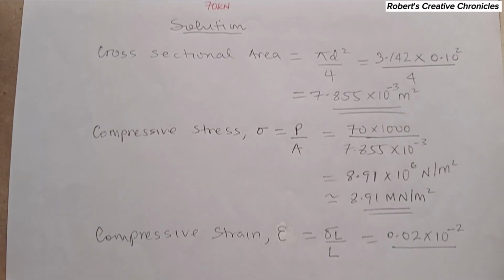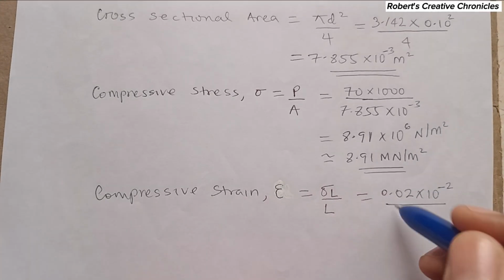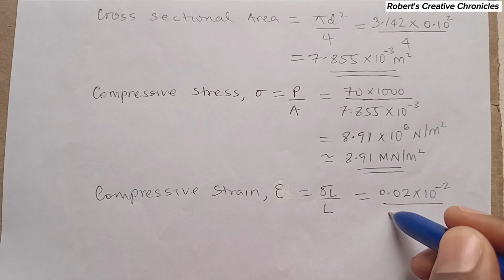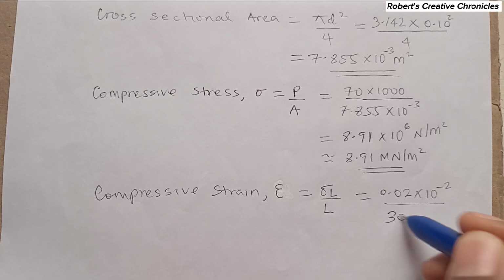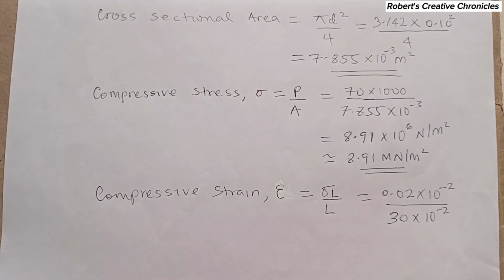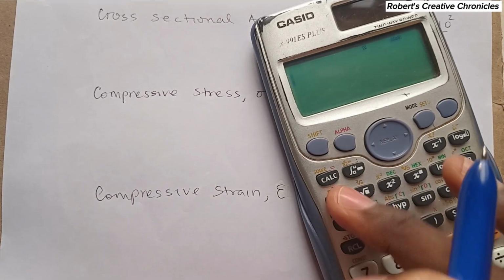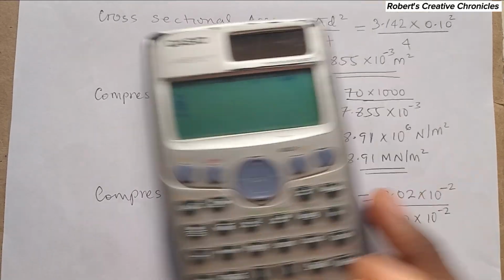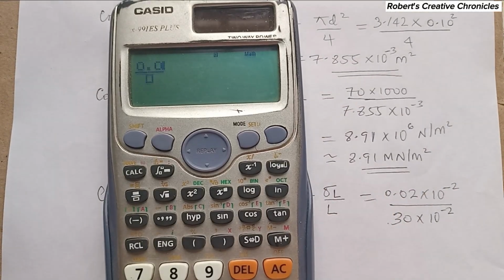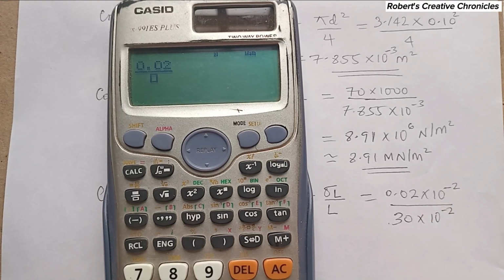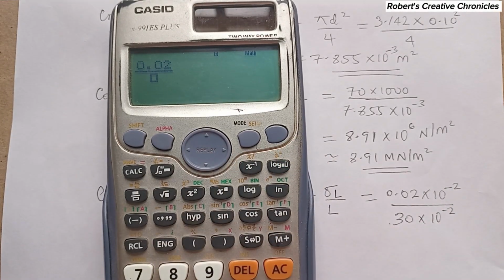So we'll convert it, so it will be 30 times 10 raised power of minus 2. We have converted to meter also. This one will cancel, so it will be 0.02 over 30.